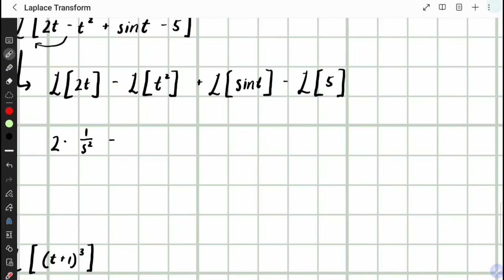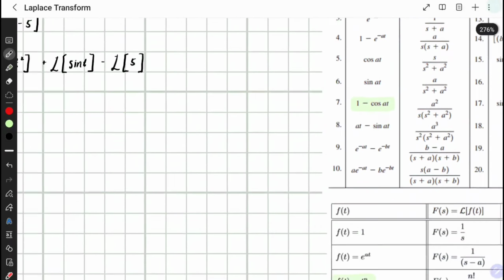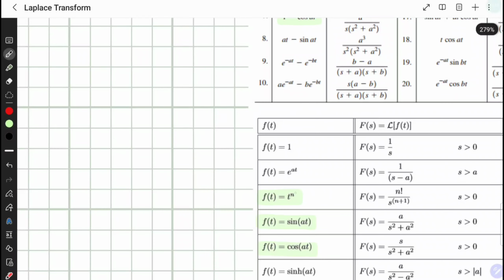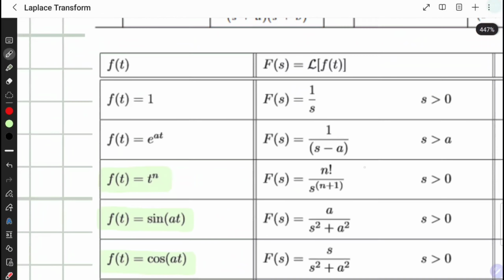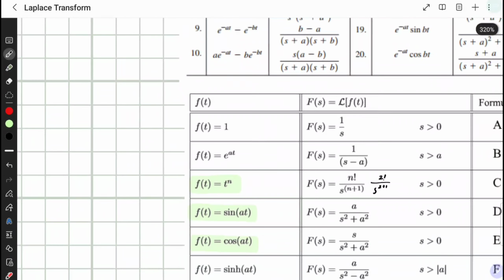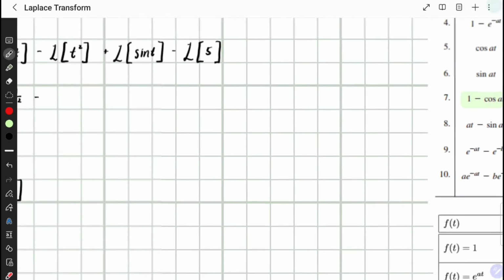The Laplace transform of t squared is the same thing. The exponent is now 2, t to the 2, where n is equal to 2. So 2 factorial over s to the 2 plus 1. 2 factorial is 2, over s to the third power.